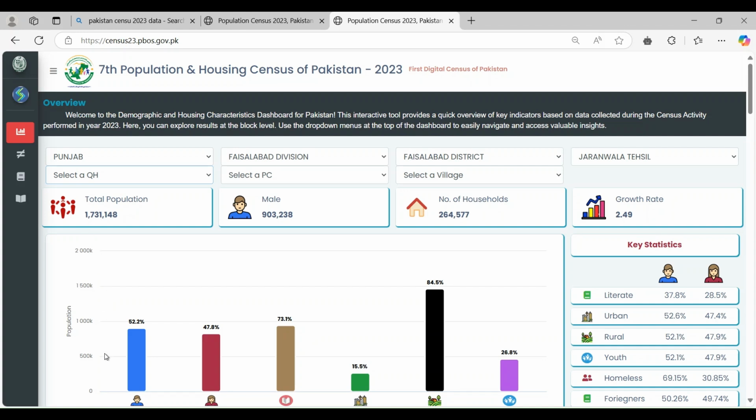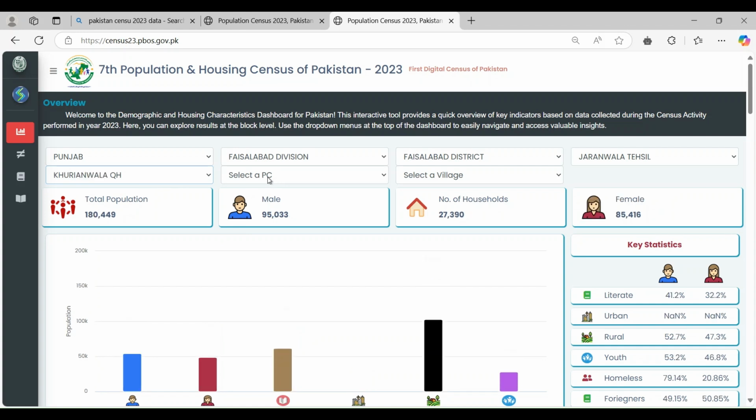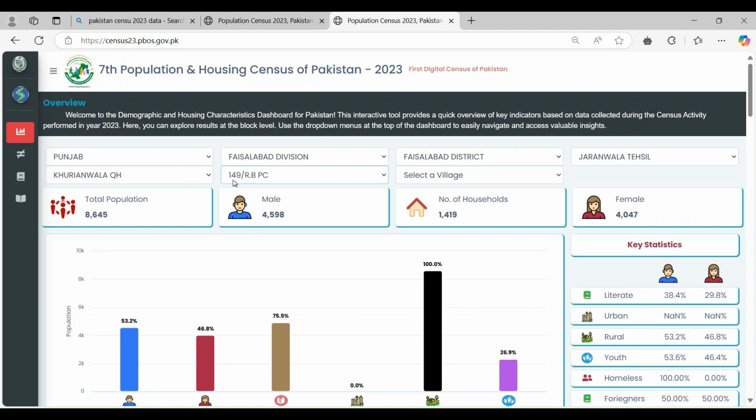If we go to the Kanungo, under the Kanungo we will have a number of Patwar circles. Those are the revenue system. If we select a Patwar circle, then we will have a number of mauzas or villages within that.